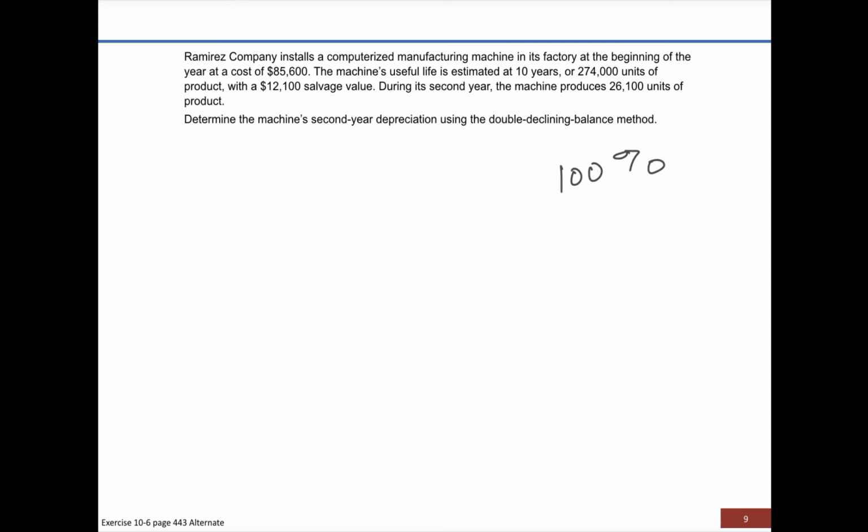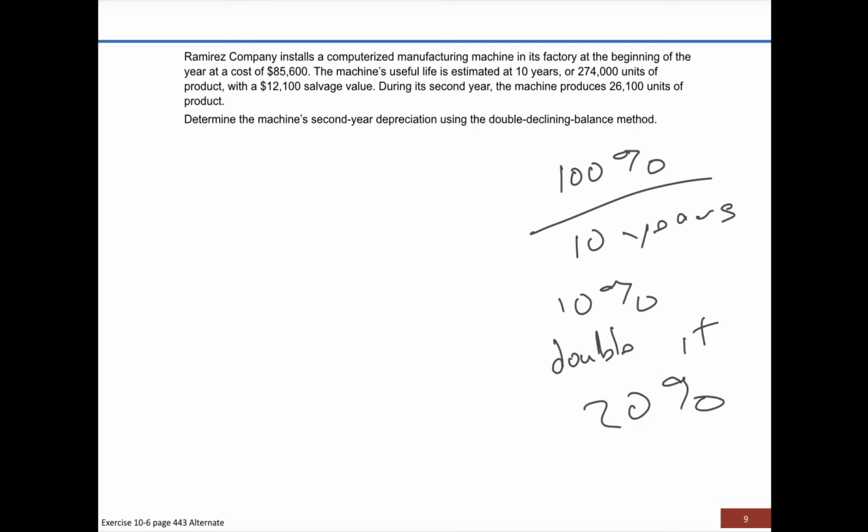So 100% divided by 10 years means 10% per year is the amount under straight line that I would use of my depreciable cost in depreciating each year. Okay? So since this is the double declining balance method, I take that and I double it.